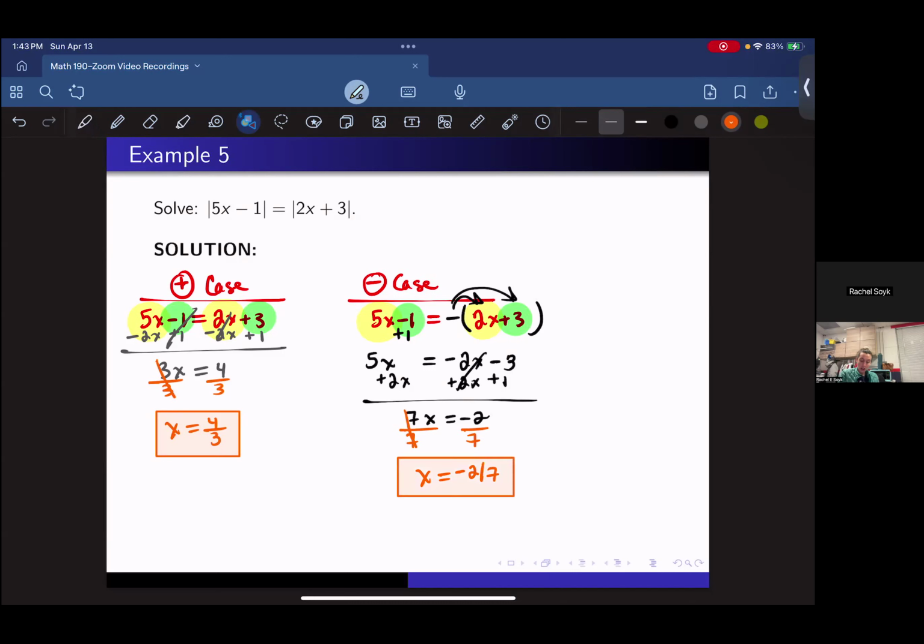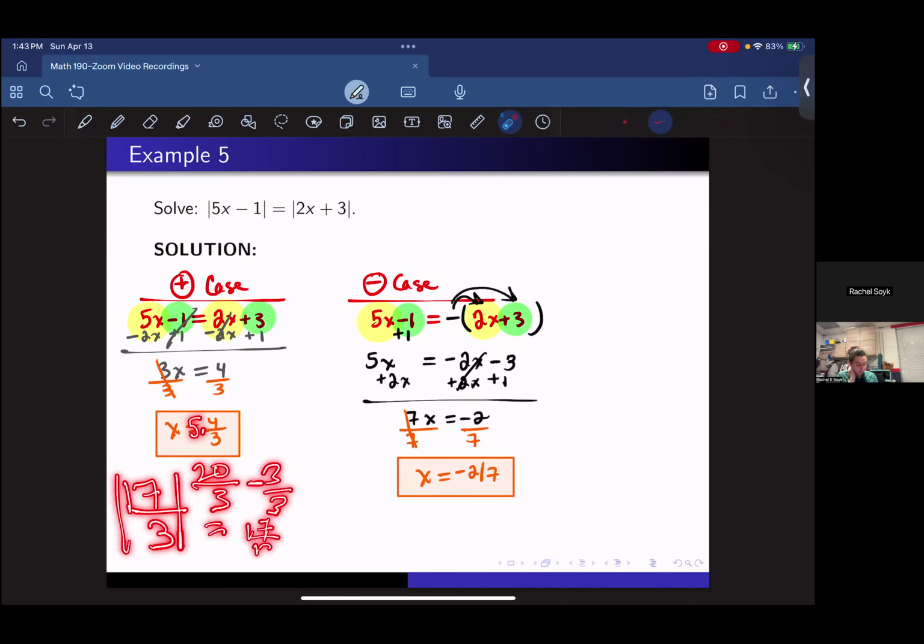And now we need to check to see if these solutions indeed work. We have 5 times 4/3 is 20/3. -1 is the same as -3/3, which is positive 17/3. The absolute value of this is just 17/3.